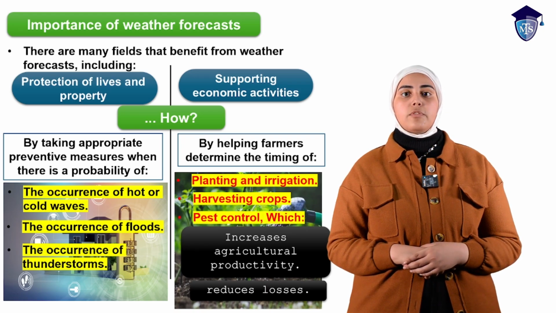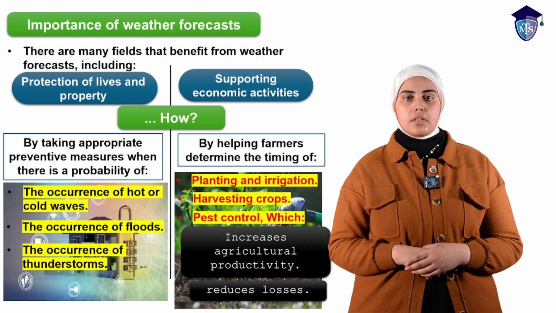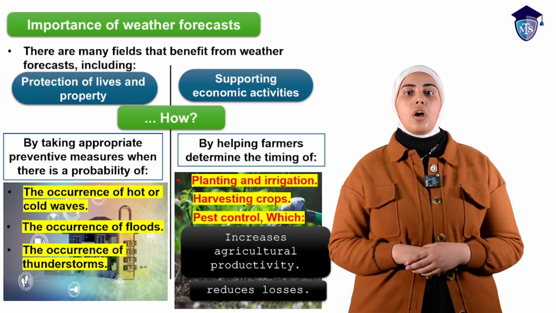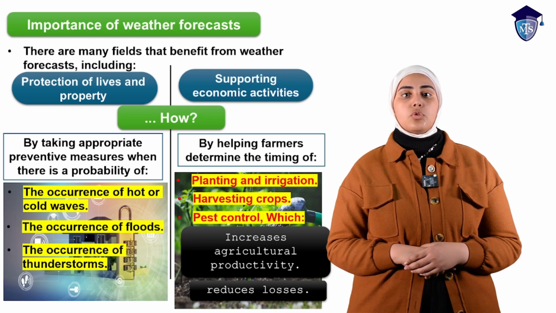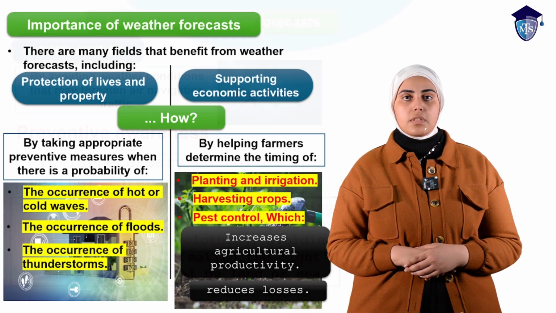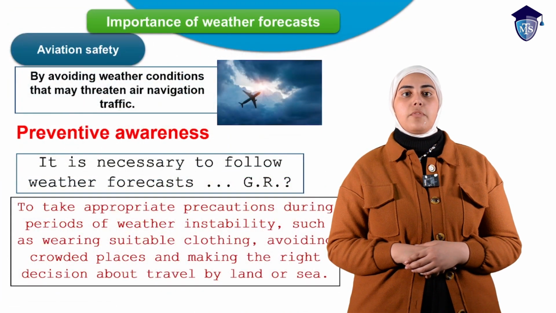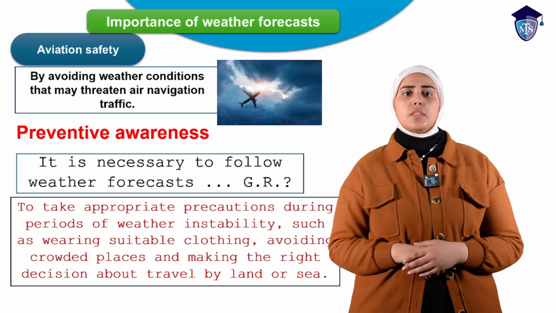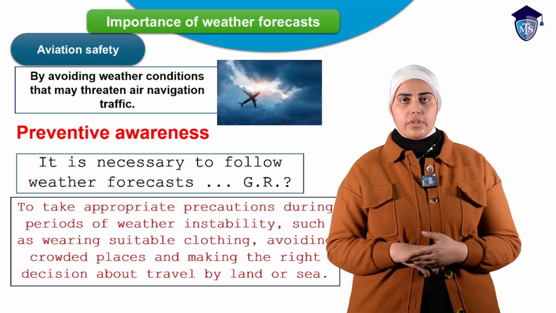Number two, we support economic activities by helping farmers determine the timing of planting, harvesting crops, and pest control, which increase agriculture production or reduce losses. Number three, aviation safety by avoiding weather conditions that may threaten air navigation traffic.